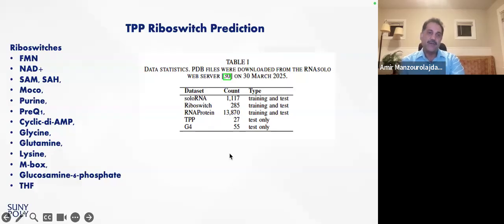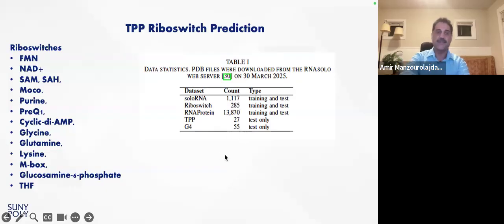Then we have the riboswitch data set, which is all the other riboswitches except the TPP riboswitch. We also had a bigger data set available to us, around 15,000, much more than the other ones, which was RNA protein complexes. We extracted the RNA geometrical structures from these RNA protein complexes and put them in a different training set. So we had 3 different training sets.